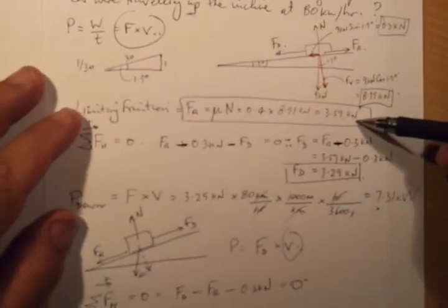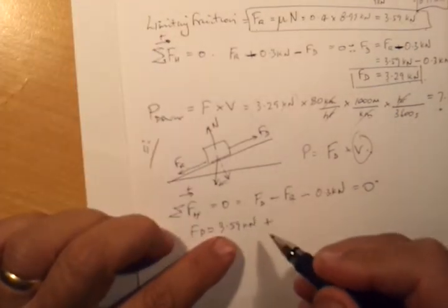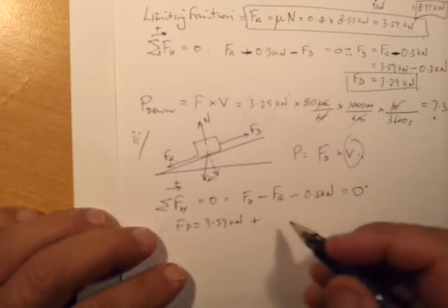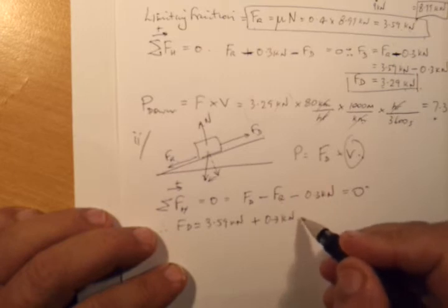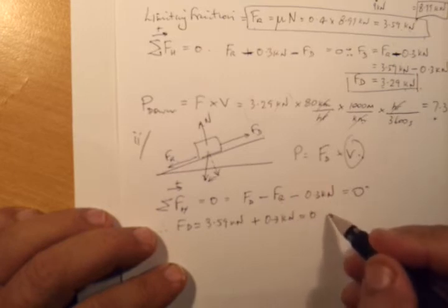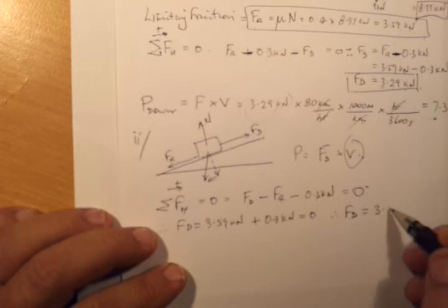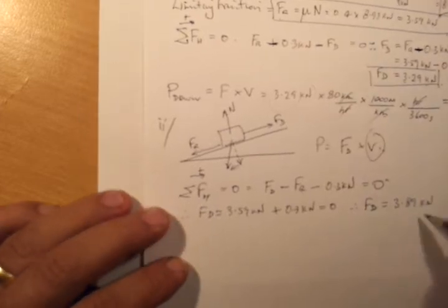There it is there. 3.59 kilonewtons plus 0.3 kilonewtons. So we can say Fd upwards is going to equal to 3.89 kilonewtons. Now we know the force.